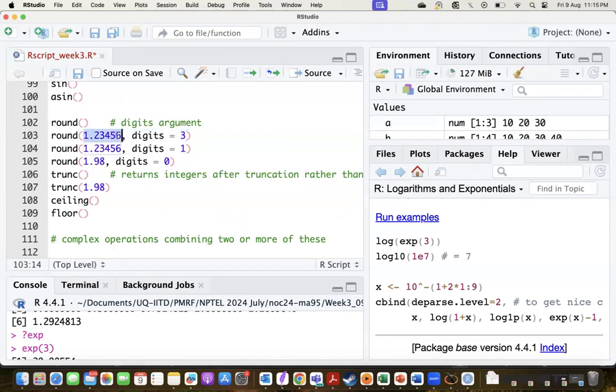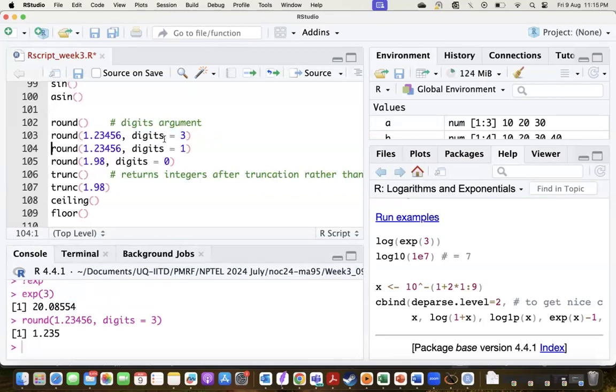So let's say if this is the number that we have, 1.23456, and I say I want to keep 3 digits, right? So that means I want to keep 3 digits after the decimal, and this is what I get. And it's rounding off, so it's going to round off to the nearest. So you know that here, since the number was 5, it's going to round off to a higher value, right?